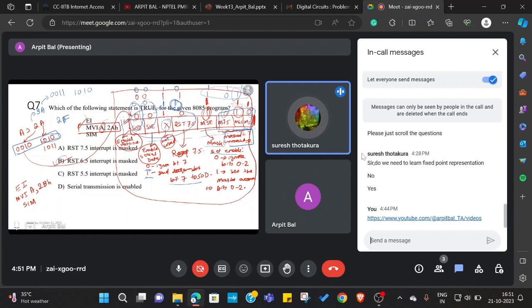So for that purpose, I am doing all these things. I have done my masters in embedded systems at BITS Pilani, and I have been working for the last 10 years. I want to enhance my skill sets by going through the basics one more time.